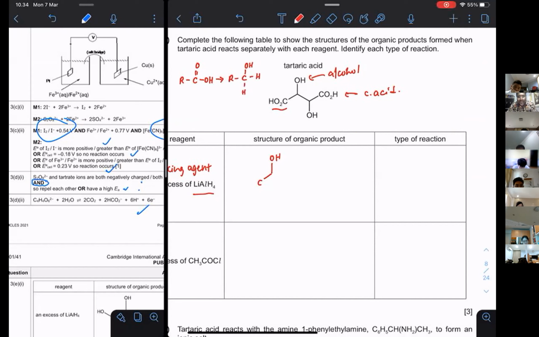That is going to be the primary alcohol that will be formed. So this carbon will still be there, but the remaining there will be 2H over there. The R will stay, so 2H, and then you have the OH.